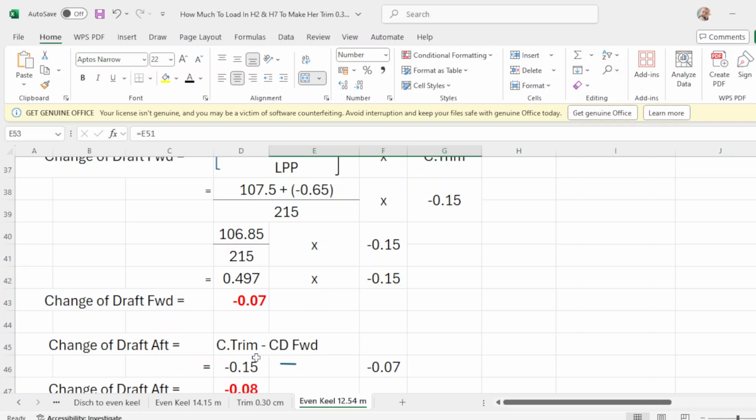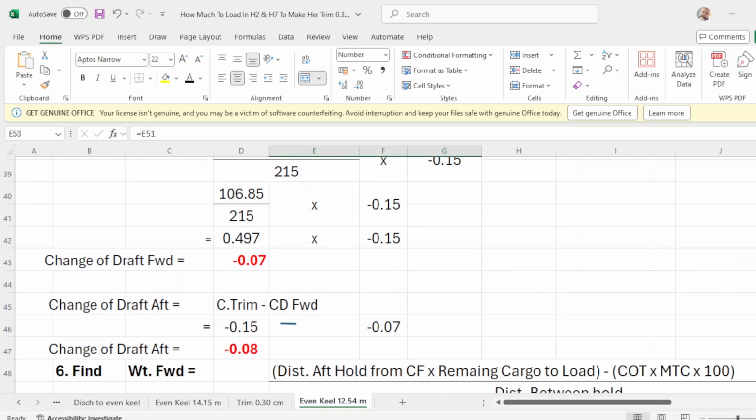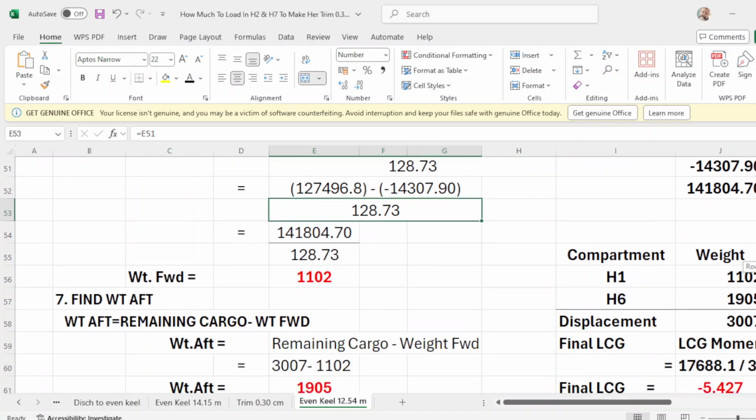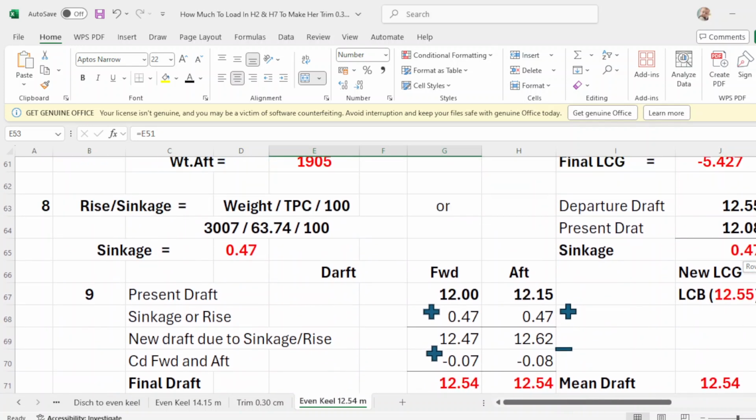Change of trim is negative 0.15, and your change of drop forward is negative 0.07, so your change of drop up will be negative 0.08. So apply here. You apply the change of drop forward of negative 0.07, and up is negative 0.08.